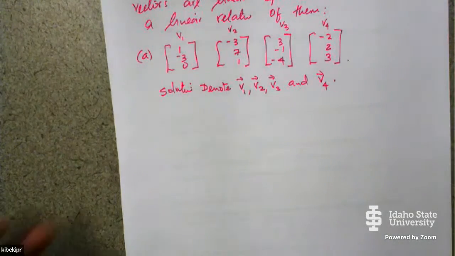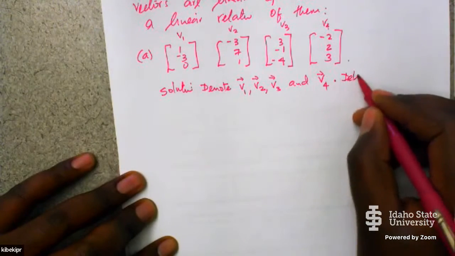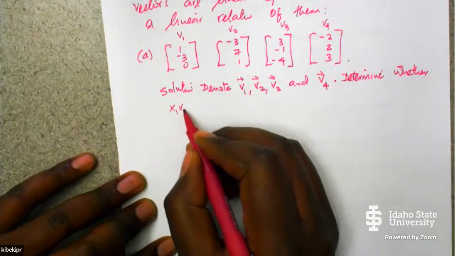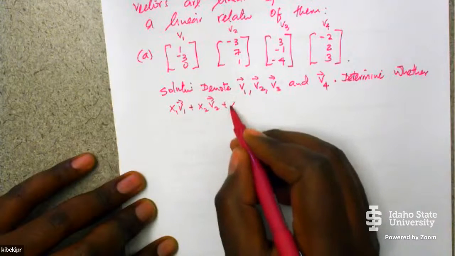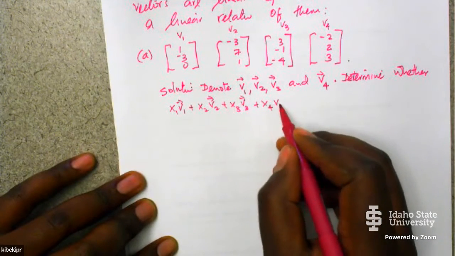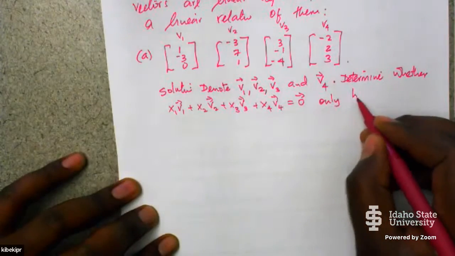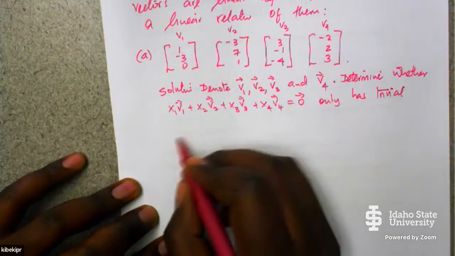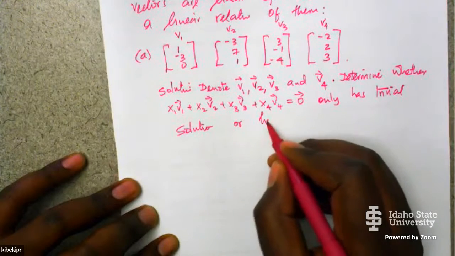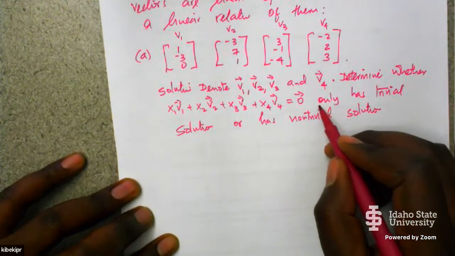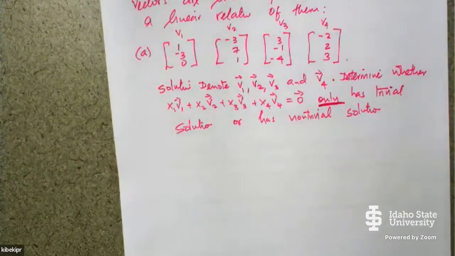Then determine whether x1 v1 plus x2 v2 plus x3 v3 plus x4 v4 equals the 0 vector only has the trivial solution or has non-trivial solutions. Please do not forget this.